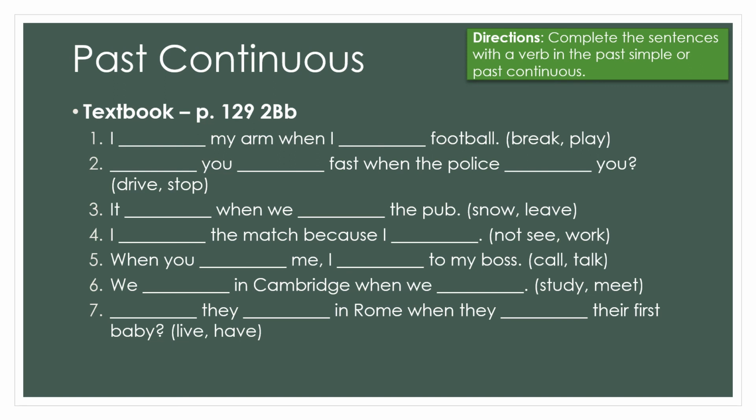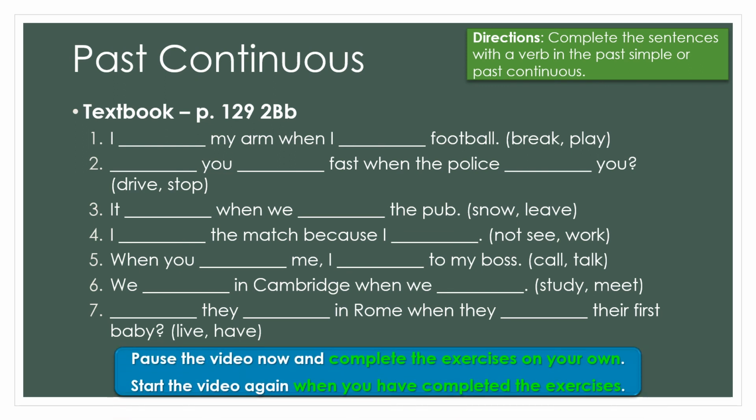Number 7, blank they blank in Rome when they blank their first baby, using the verbs live and have. Pause the video now and complete the exercises on your own. Start the video again when you have completed the exercises.